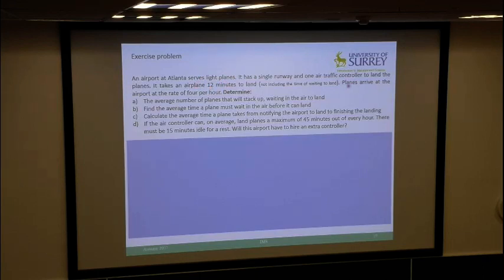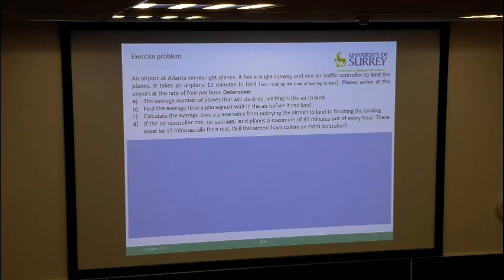And planes arrive at the airport at a rate of 4 per hour. This is the arrival rate. So we are expecting 4 planes arriving at our airport every hour, and every plane might need to wait some time to be served for landing. So this is actually a waiting line system, but we don't physically see a waiting line there, though the mathematics behind it is the same.